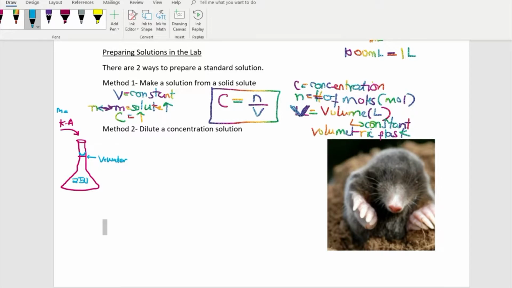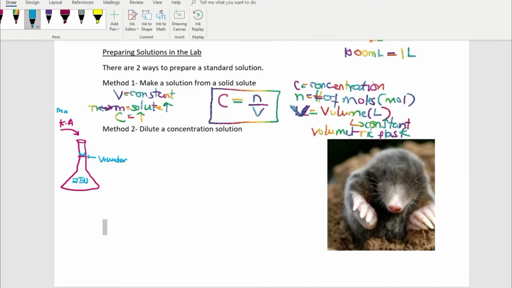Once we consider those, we can determine the concentration of our solution. However, Kool-Aid is hard to determine molecularly, so it's pretty hard to identify the moles of Kool-Aid in order to make our concentration in moles per liter.